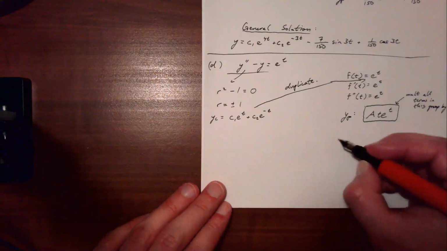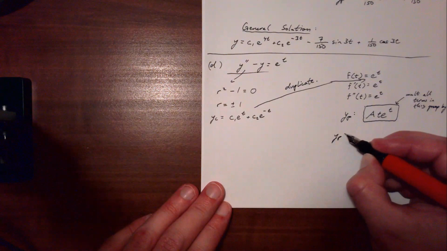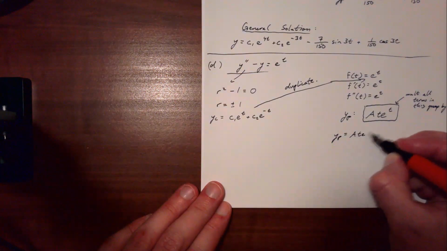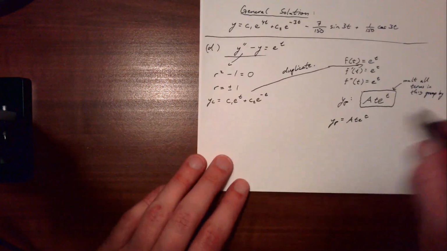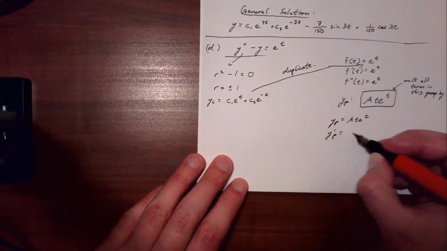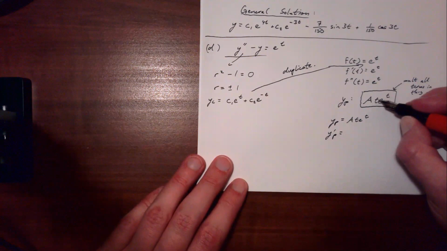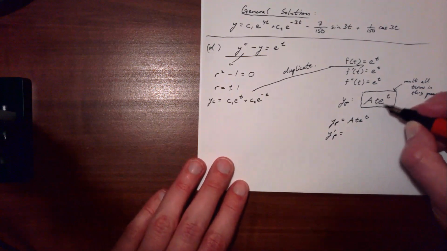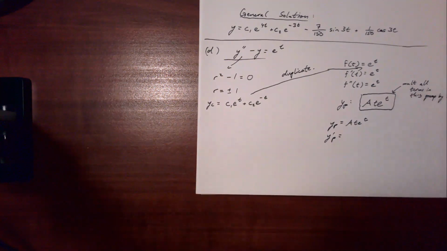Alright then, if yp is a t e to the t, then we can start asking ourselves about the derivatives. The reason why this works is the same reason why it worked to do this in the homogeneous case.